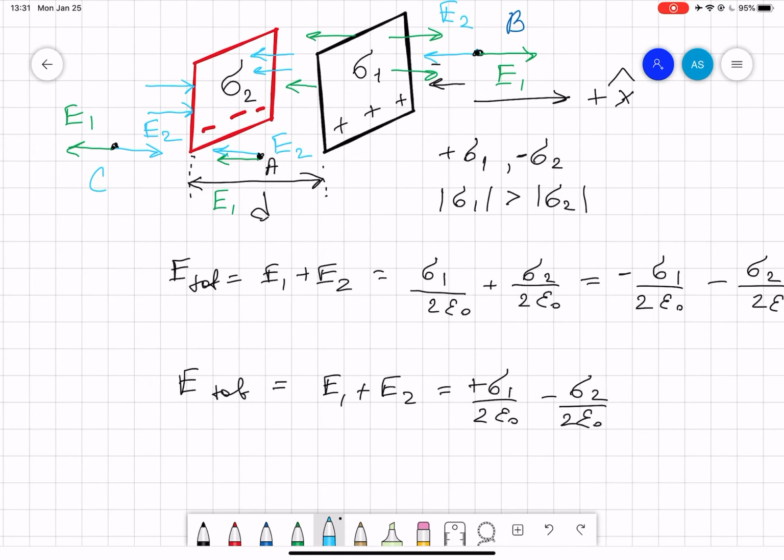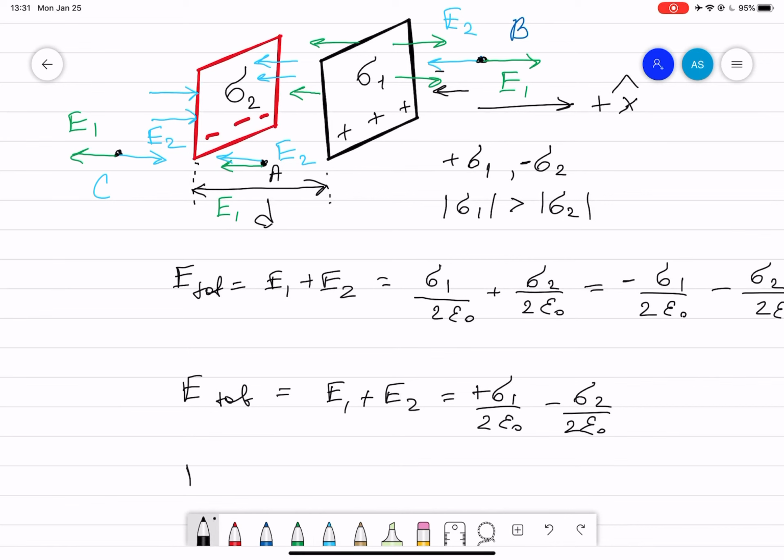So E total for point C is E1 plus E2, with the negative sign: negative sigma 1 divided by 2 epsilon naught, as sigma 1 is positive, plus sigma 2 divided by 2 epsilon naught. So that's it, I think, guys.